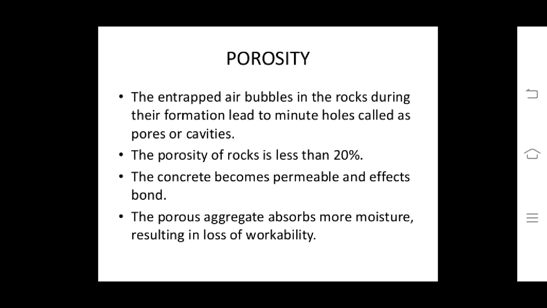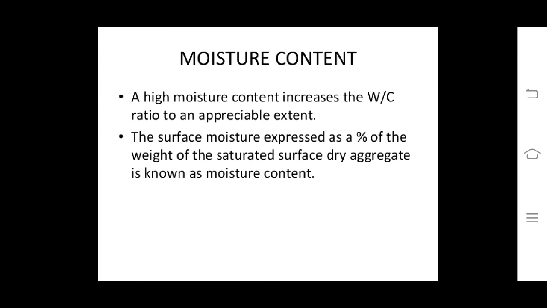The entrapped air bubbles in the rocks during their formation lead to minute holes called pores or cavities. The porosity of rocks is less than 20%. The concrete becomes permeable and the bond is affected. The porous aggregate absorbs more moisture, resulting in a loss of workability.